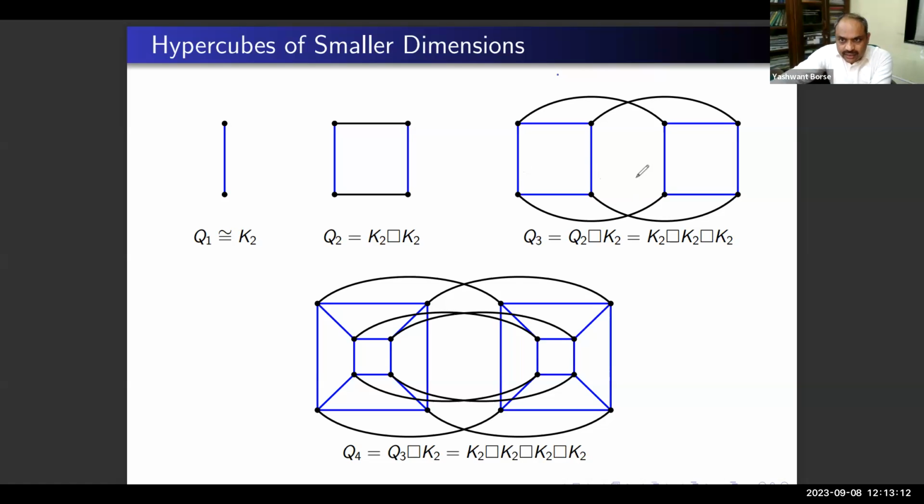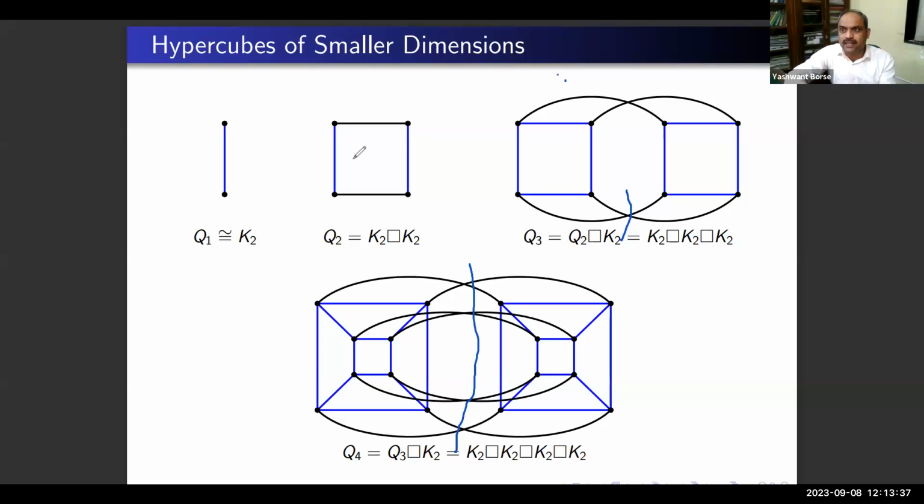Then Q3 is obtained by taking two copies of Q2 and joining them by this perfect matching, shown by these black edges, right? And Q4 is obtained from two copies of Q3 by joining the corresponding vertices by a perfect matching this way.